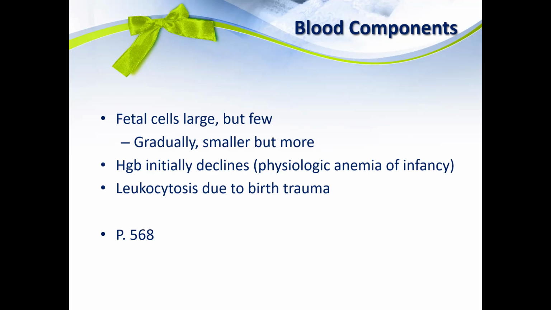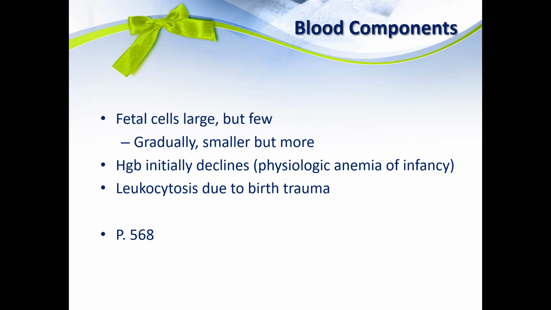The red blood cells are going to be larger in size when we compare them to an adult. They have the ability to carry a little bit more oxygen. However, once the baby's born, the red blood cell count will start to gradually increase as the cells start to decrease in size. So in utero, the red blood cells are a little bit larger, but not as many.